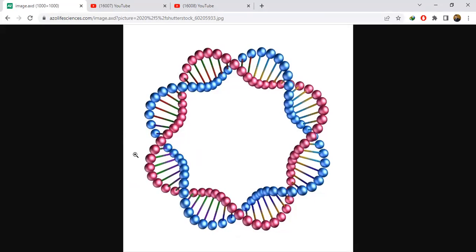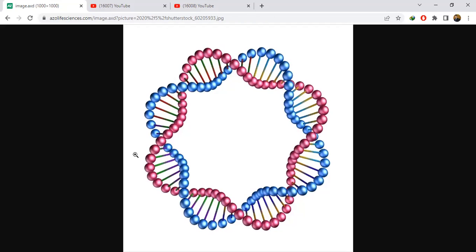But in a circle, we can't identify the 3' end or the 5' end. They have the anti-parallel nature. If you cut it at one place, one strand will be 3' to 5', and the other will be 5' to 3'.